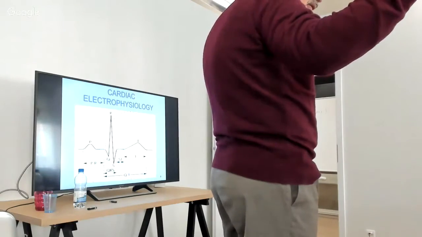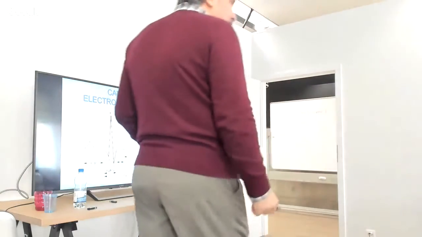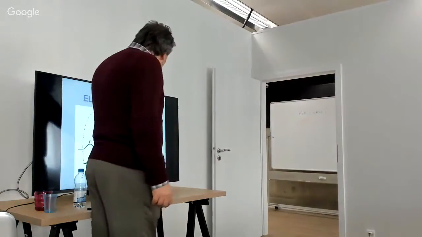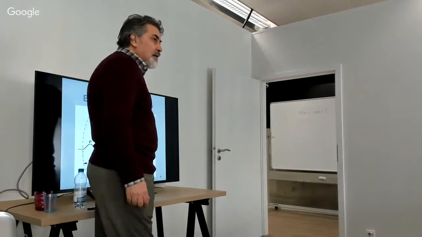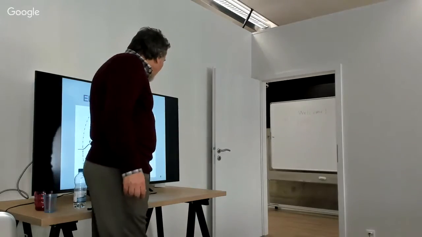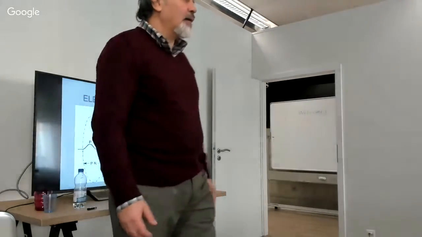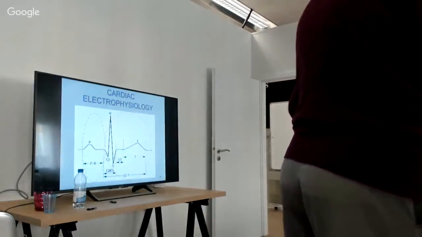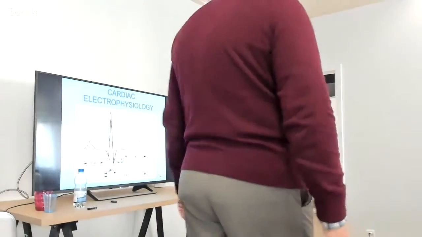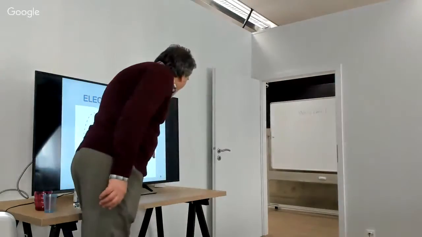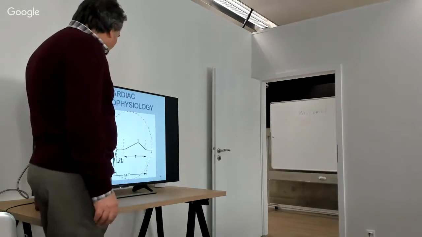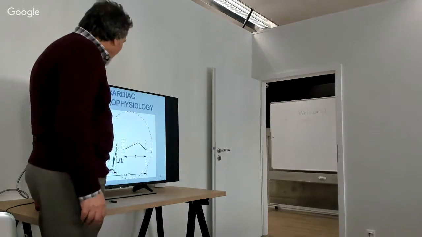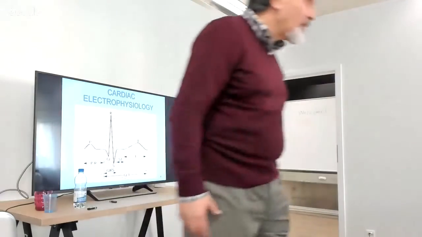There is no current, and we cannot record anything. Then the ventricles start to repolarize. And when all the ventricles are repolarized, there is no more signal. We are again at the zero line. And then the next beat, PQRST.